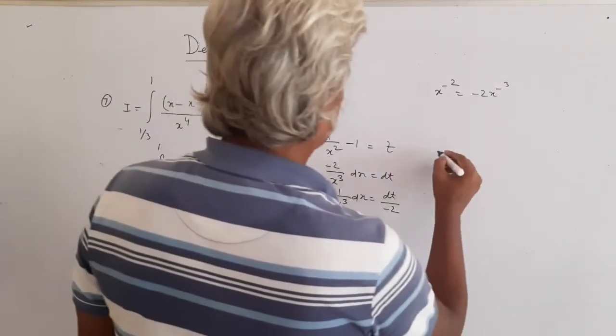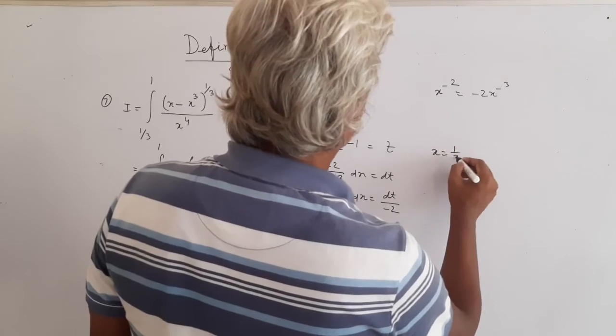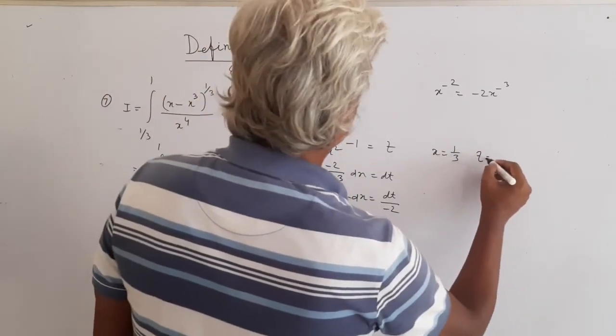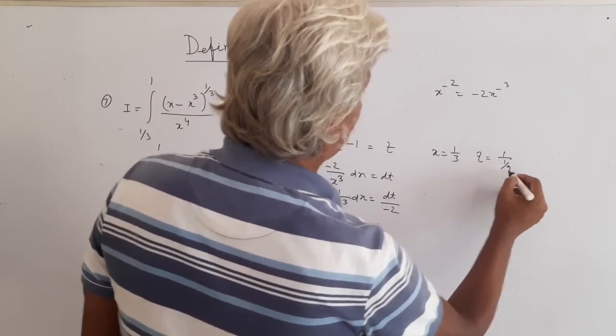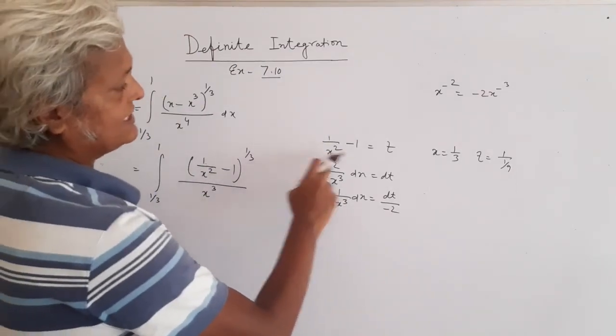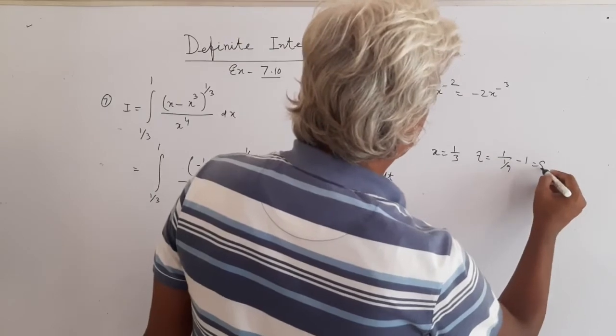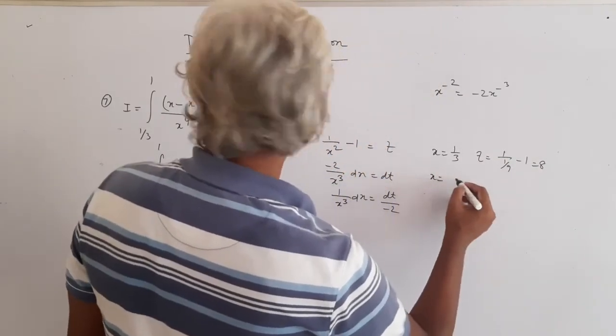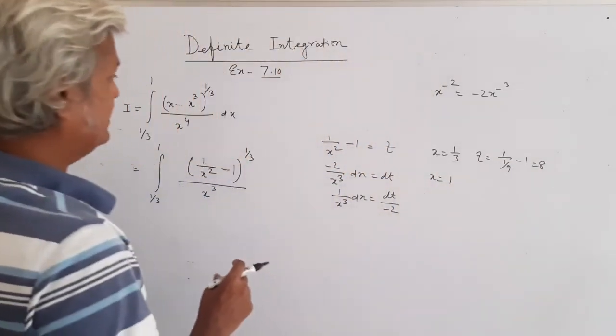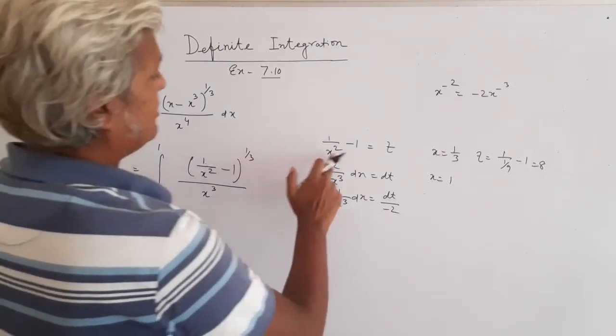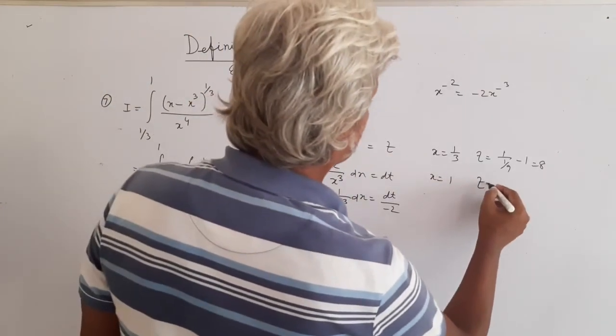Now here you see that when x is 1 by 3, then t becomes 1 by x square, x is 1 by 3, so 1 by 9 minus 1, that is 8. And when x is 1, then this becomes 1 by 1 minus 1, that is 0. T becomes 0.